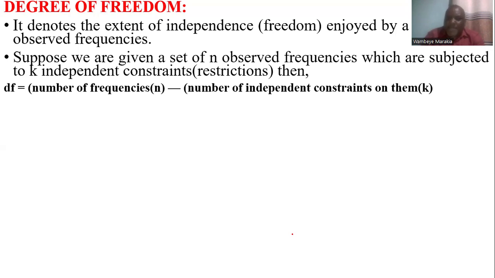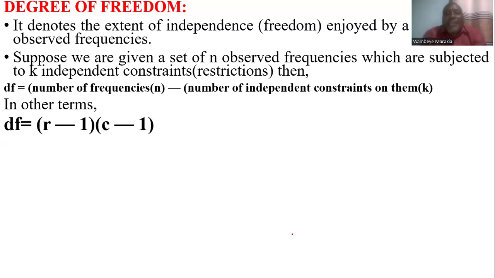In our case, we are going to have rows and columns, which makes it easy to calculate. You take the number of rows minus 1, multiply by the number of columns minus 1, and you get the degrees of freedom for the data you'll be dealing with.